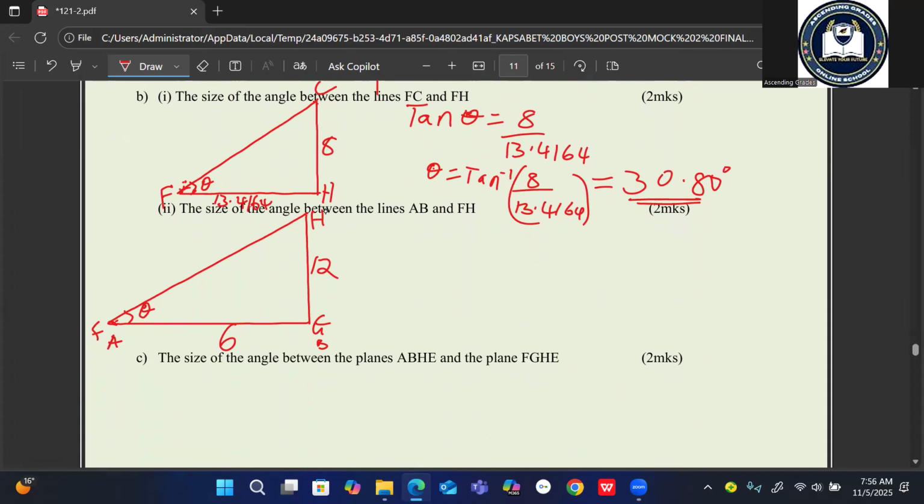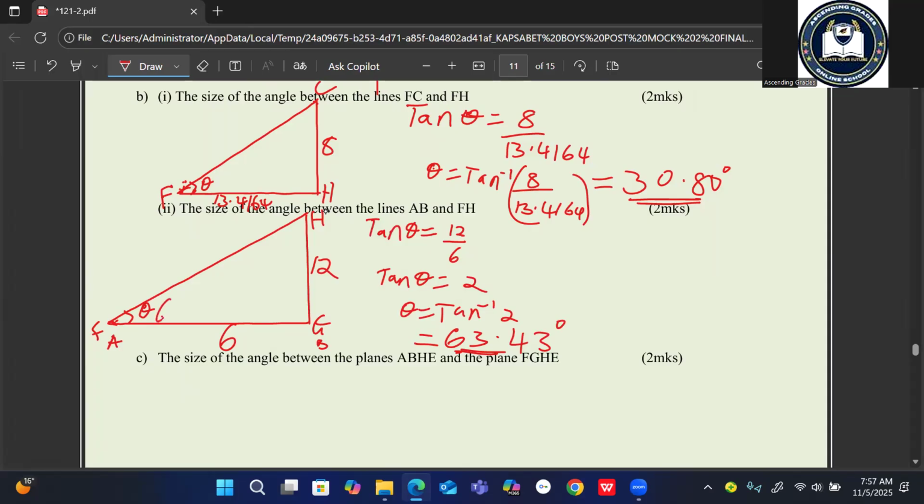So when you look at the relation between the theta, 6 and 12, you realize that this one needs the knowledge of tan. So tan theta will be equal to opposite, that is 12, over adjacent, that is 6. So tan theta should be equal to 2. So theta should be equal to tan inverse of 2, which gives you 63.43 degrees.